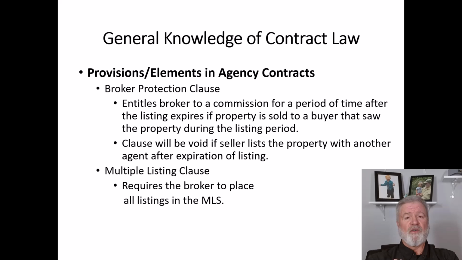So if they hire another agent, then that voids this clause. You can't be mad at the seller for going with a different agent if you did not sell it within the time period you stipulated in the contract, right? That's not the seller's fault. That's your fault. You didn't sell it. They have every right to try to get somebody else to sell it. All right, so that's the broker protection clause.